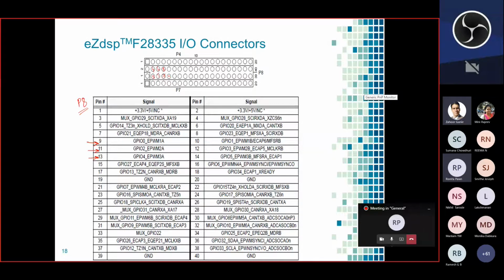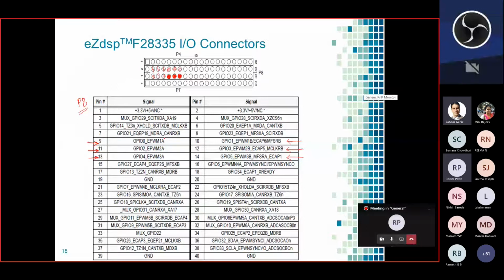So 9, 11 and 13. These three pins are EPWM 1A, 2A, 3A, which can be used for top switches. Similarly, GPIO 1 that is EPWM 1B is the 10th pin, and 2B and 3B are 12 and 14. So these 10, 12, 14 are for 1B, 2B, 3B that can be given to bottom switches.